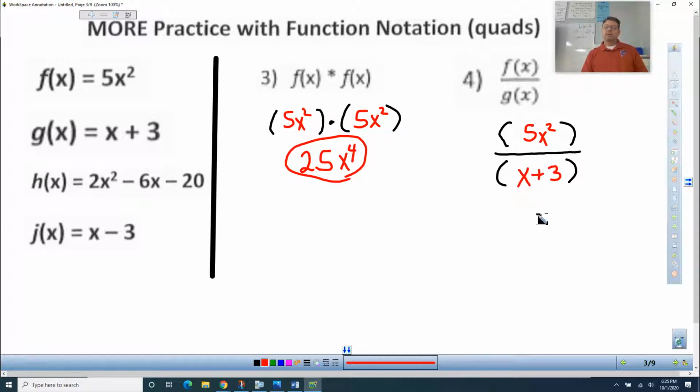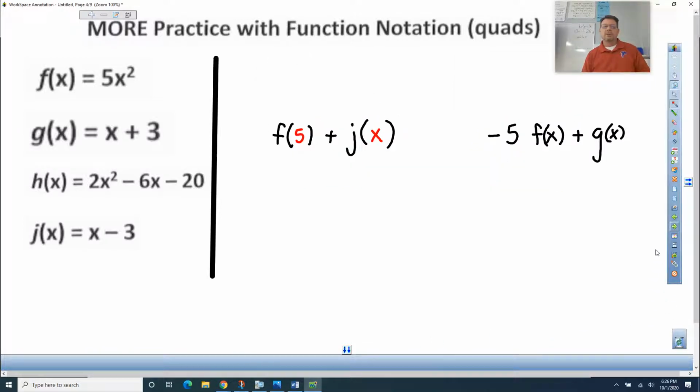Now, can't really do much with this. Could we cancel those x's? Well, this is multiplication, that's addition, so that's not going to happen. We are finished with that. I could rewrite it without the parentheses, but other than that, we're done. If I could factor it and simplify it further, I should, but I can't in this case. That's all I'm doing, just plugging it in. We're just practicing with that.